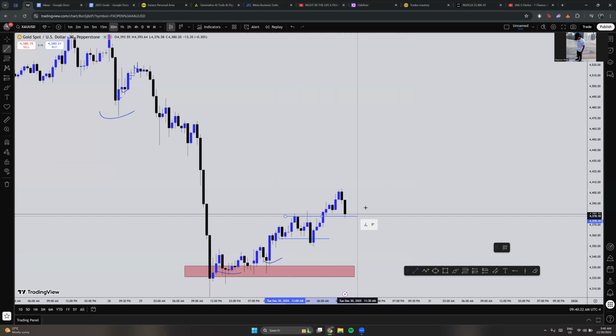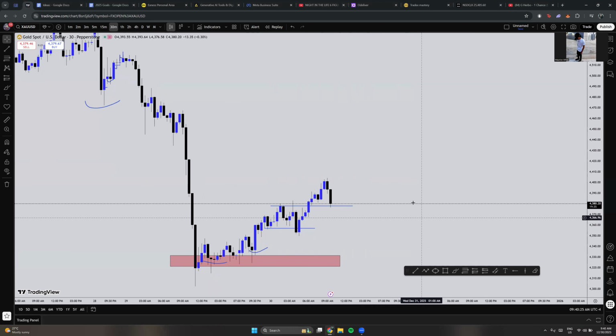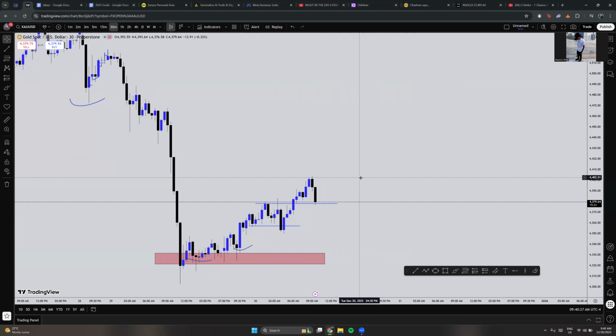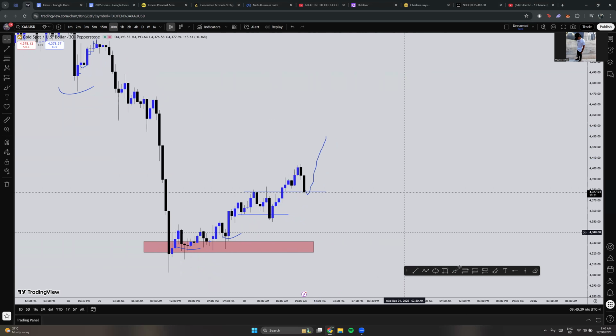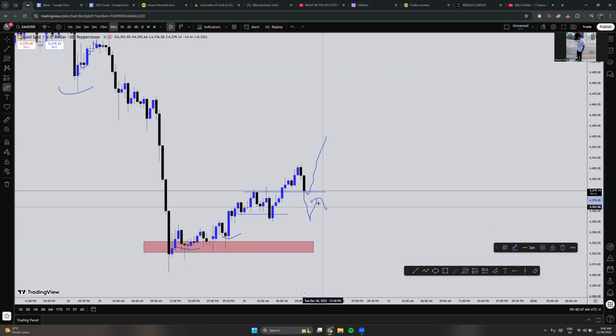Then we have price breaking and trading above this area here. So now, two things we can look for. We can look for price rejecting this area right here and continuing to the upside, looking for a higher level to retrace within the bullish counter trend, or price can break below this area, give us a lower high to some degree, and then we can get in on the lower high, considering the overall momentum to the downside.